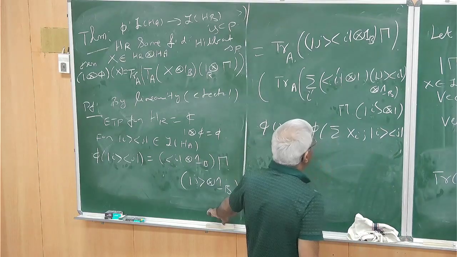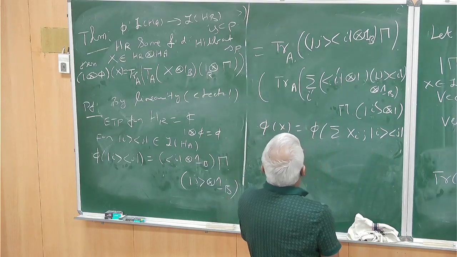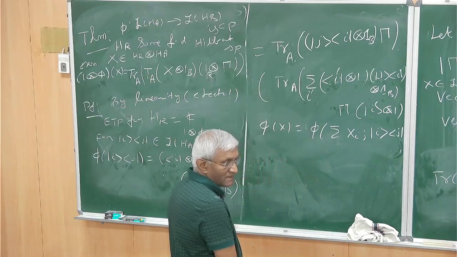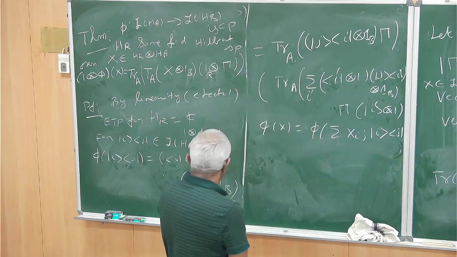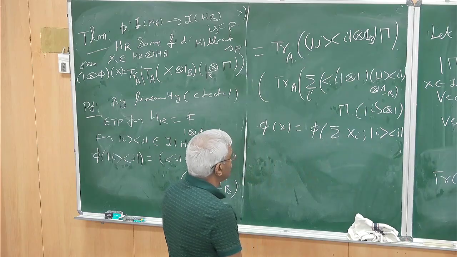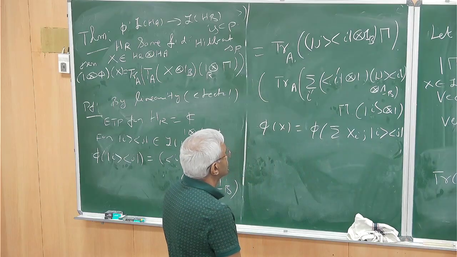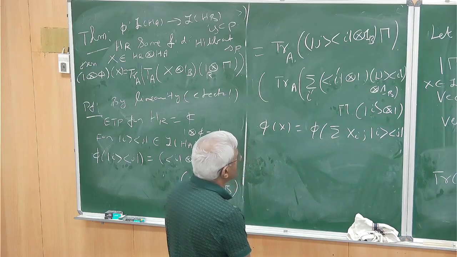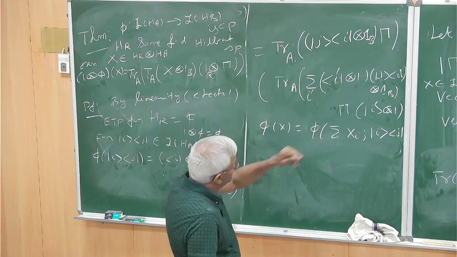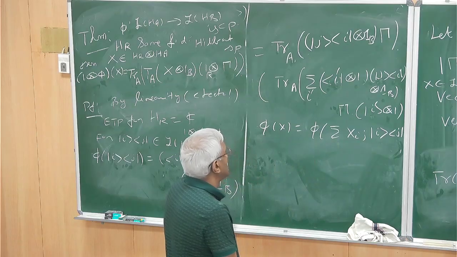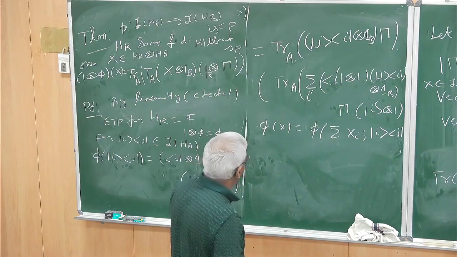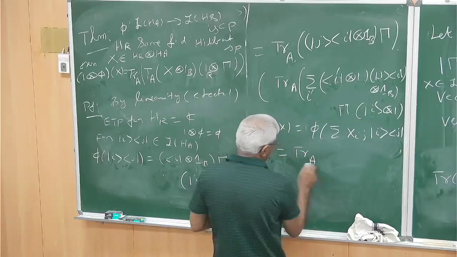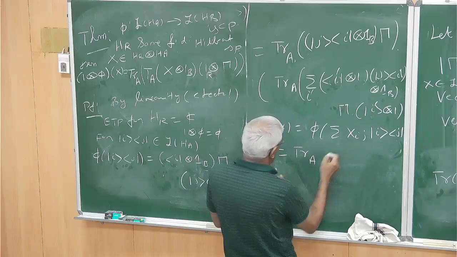Sorry, ij is right. There it becomes ji, which is equal to trace A, because trace is linear, you can take all those things inside.